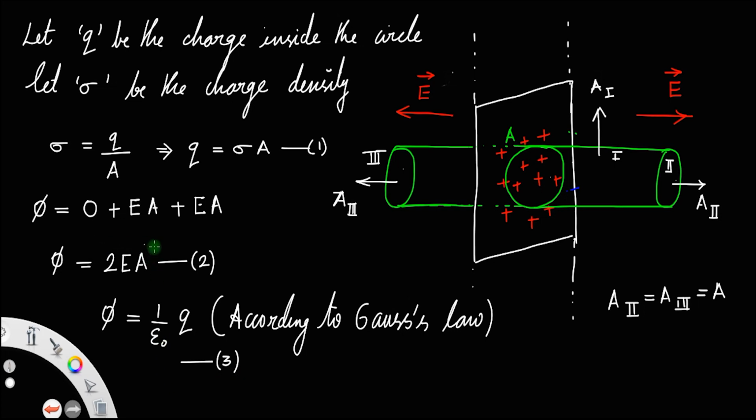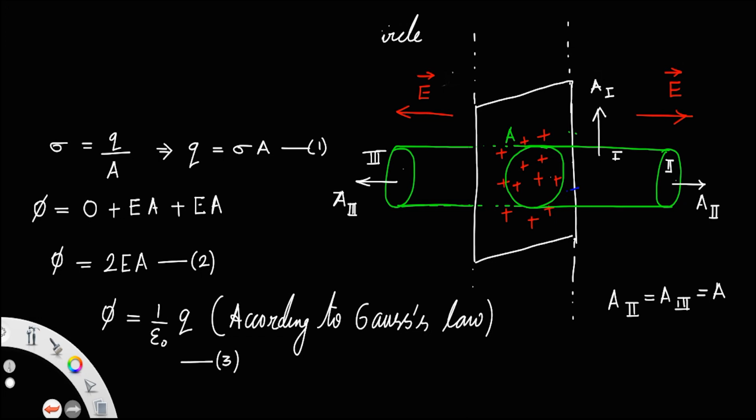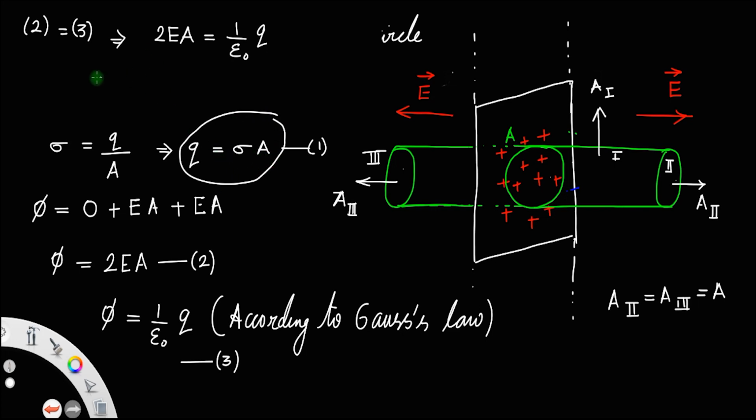And if you compare equations 2 and 3, they both say the same thing, that is the total flux. Now you can equate equation 2 and 3, that is 2EA is equal to 1 by epsilon 0 q. But from equation 1, you know q is equal to sigma A, which implies 2EA equals 1 by epsilon 0 sigma A.